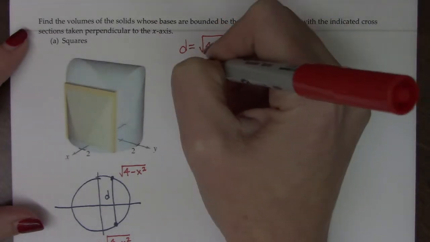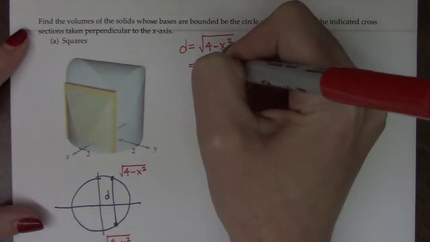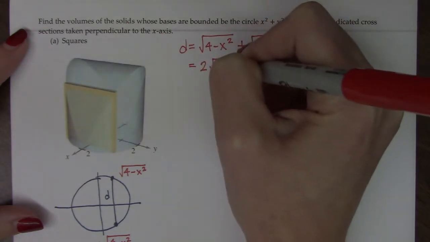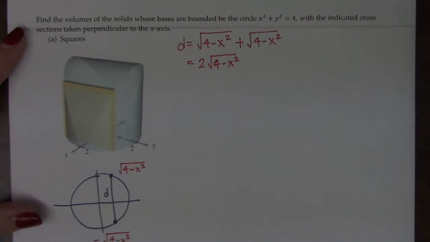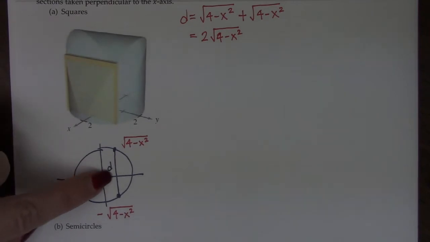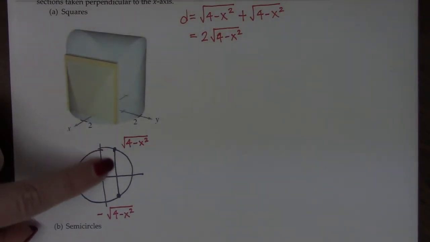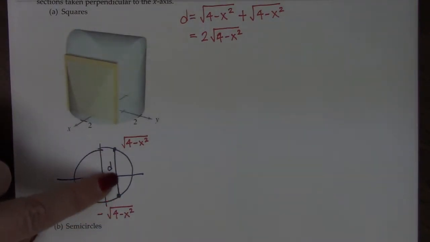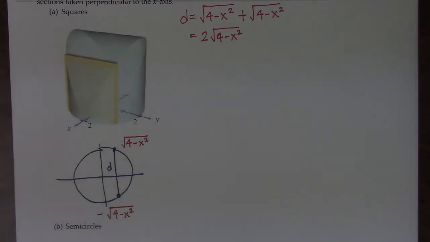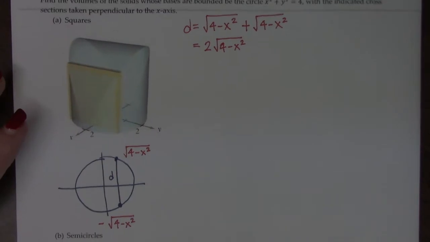So when you add these together, we actually get 2 root 4 minus x squared. And that should make sense, because if we look at the picture, if this distance from here to here is the square root of 4 minus x squared, and this distance is also the square root of 4 minus x squared, then it makes sense that we would get twice that when we measured across.